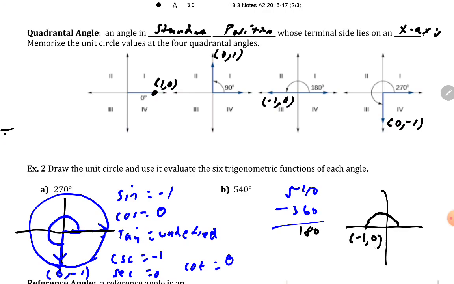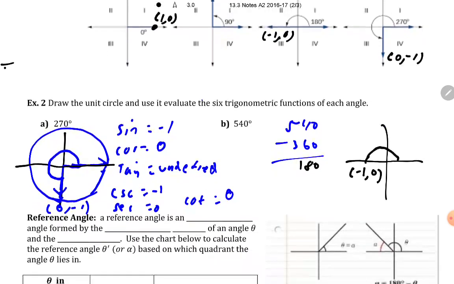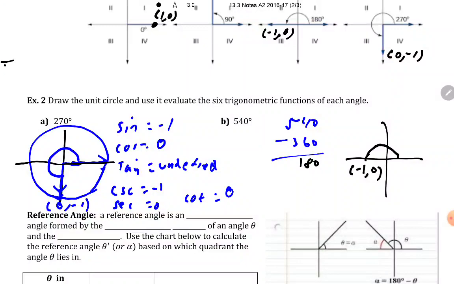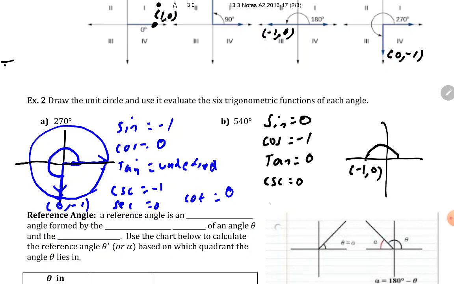So we're at (-1, 0). Sine is my y-coordinate, which is 0. Cosine would be my x-coordinate, which is negative 1. Tangent would be 0 this time. Cosecant would be undefined. Secant would be still negative 1. And cotangent this time would be undefined.